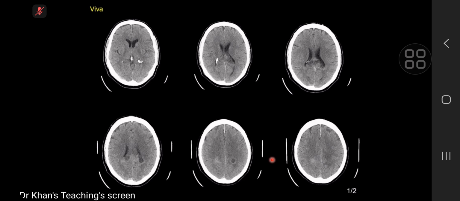Okay, so this exercise shows multiple images of the CT brain, in which I can see a rounded hypodense lesion involving the left parietal region.